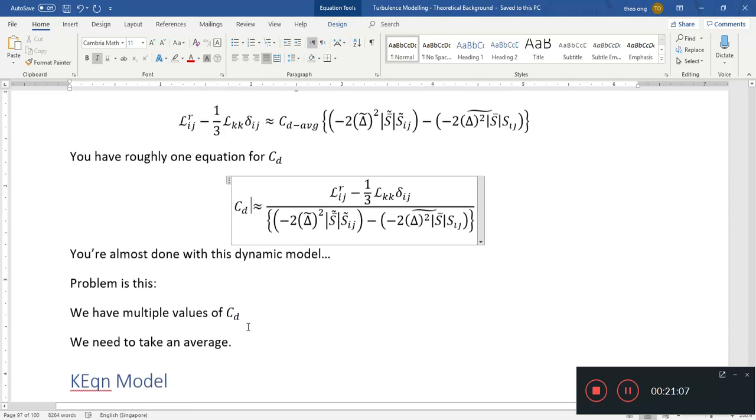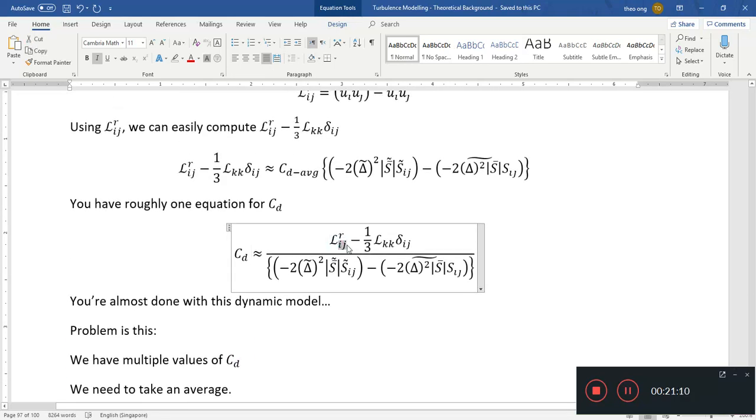Now the problem is this: depending on which element of the matrix you go for, there are actually multiple values of CD depending on your index of i and j. Because remember, in this matrix here, there are multiple values being stored in this tensor, so to speak. Likewise, there are multiple values being stored in this rate of strain over here, for example.